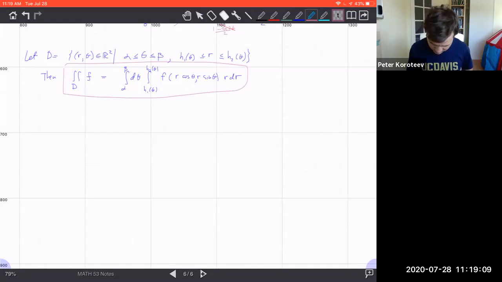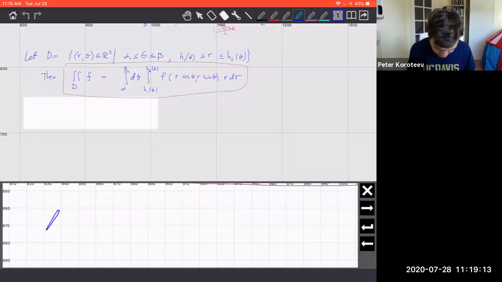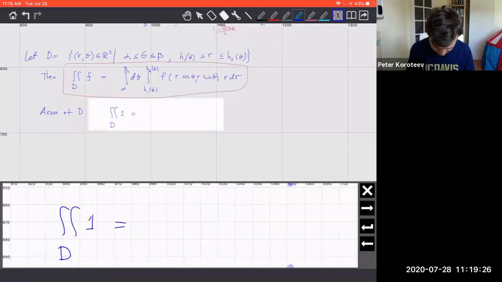So in particular, if you want to find the area of that region, you would just take f equal to 1, and then you would integrate this thing.